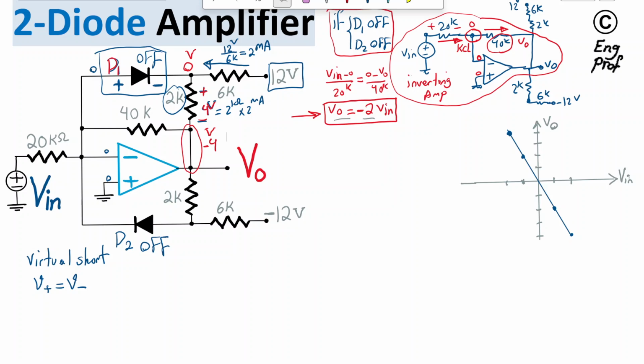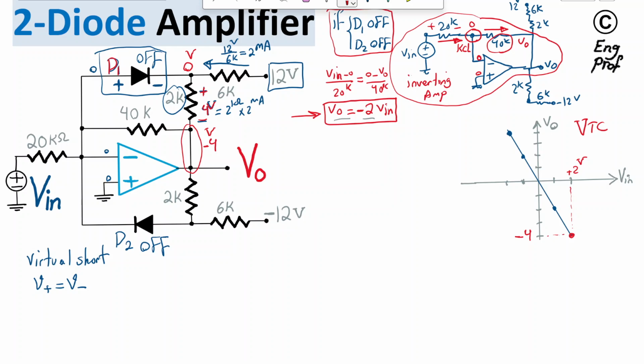Take a look at our partial voltage transfer characteristic, or VTC, that we just drew. The moment that the output gets to negative 4 volt, and the input naturally is plus 2 volt because of the relationship we have seen between input and output while the two diodes are off, we are about to see a different behavior.